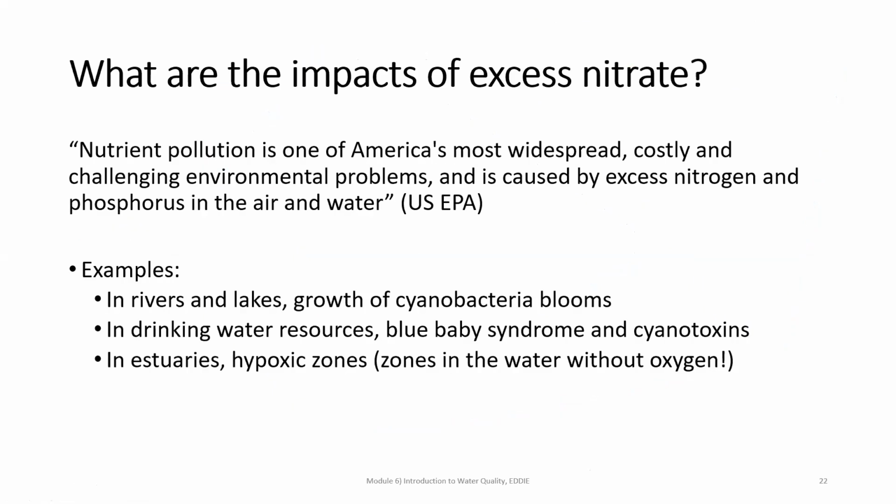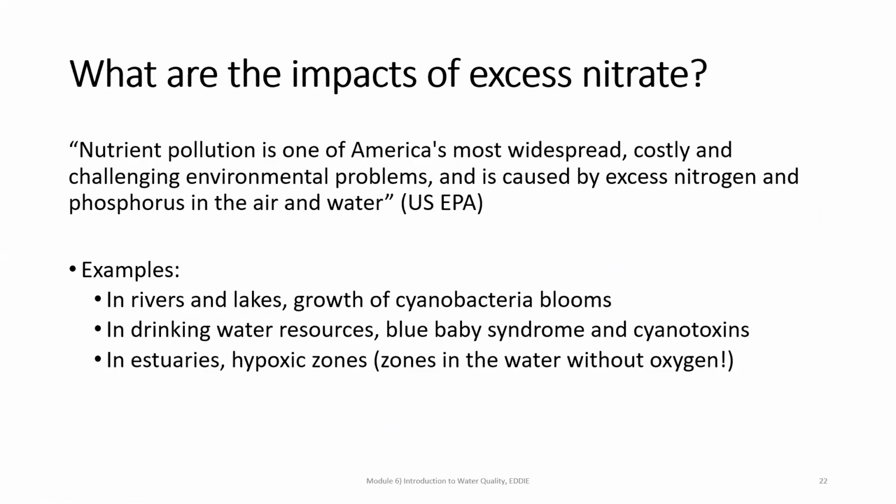Okay, so what happens when you have too many nitrates? So I just talked a whole bunch about how nitrates are really important for growth. And so when you have too many nitrates, you have kind of the same problem. At least when it comes to plants, you have an excess of plant growth. And so, for example, in rivers and lakes, you might see this really big growth of cyanobacteria blooms.